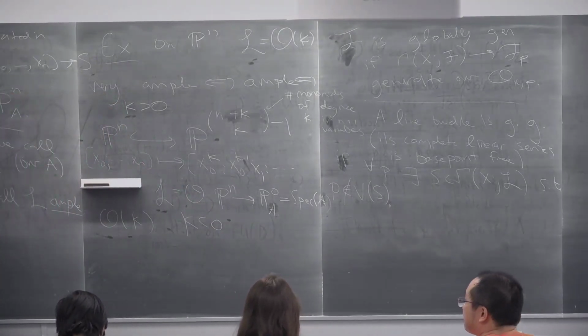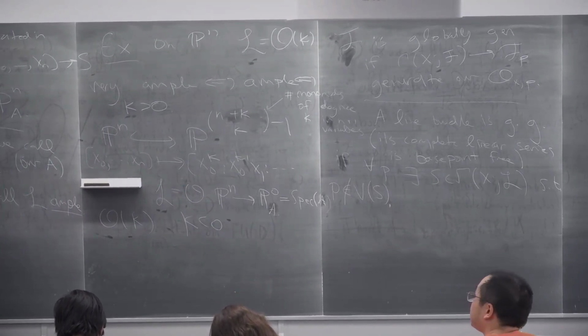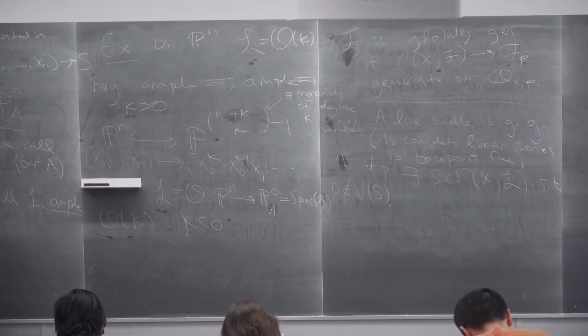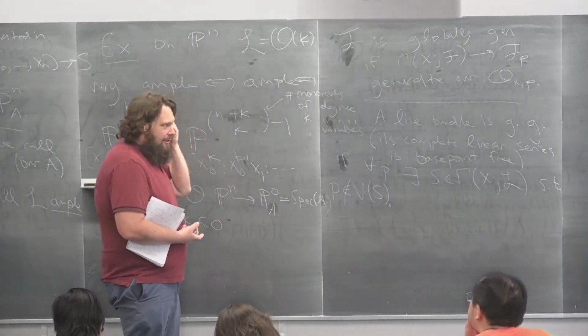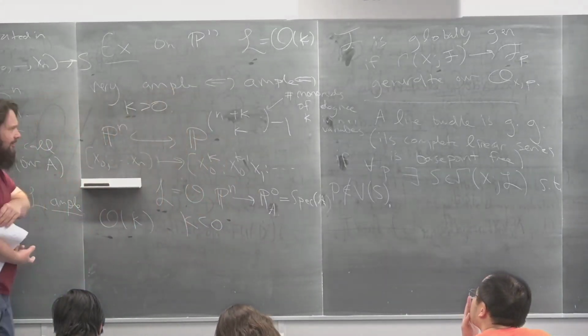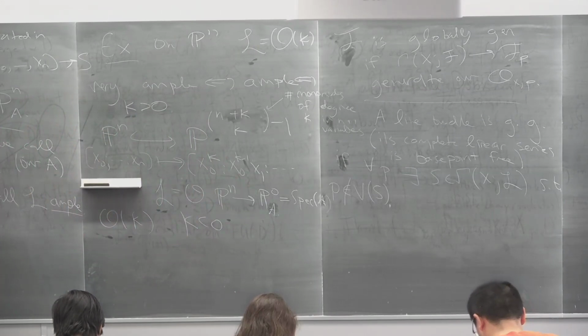If I have at least one non-zero section, I always get a rational map, at least. But this map to projective space is given by ratios between sections. So I have to have at least two sections in order to get a map to P1. That's sort of non-trivial. Otherwise, I'll just get a map to P0.